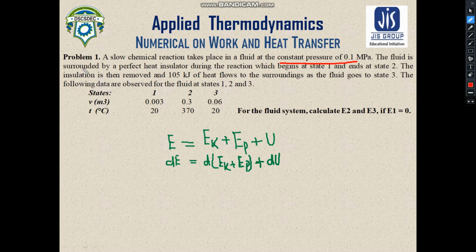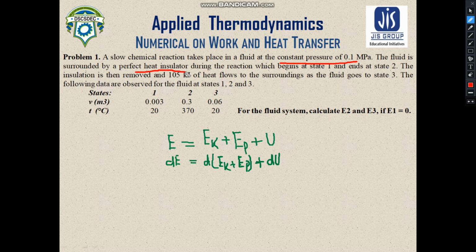The fluid is surrounded by a perfect heat insulator during the reaction, which begins at state 1 and ends at state 2. Now from this information you can easily understand that the process between states 1 and 2 is obviously an adiabatic process, since the fluid is surrounded by a perfect heat insulator.